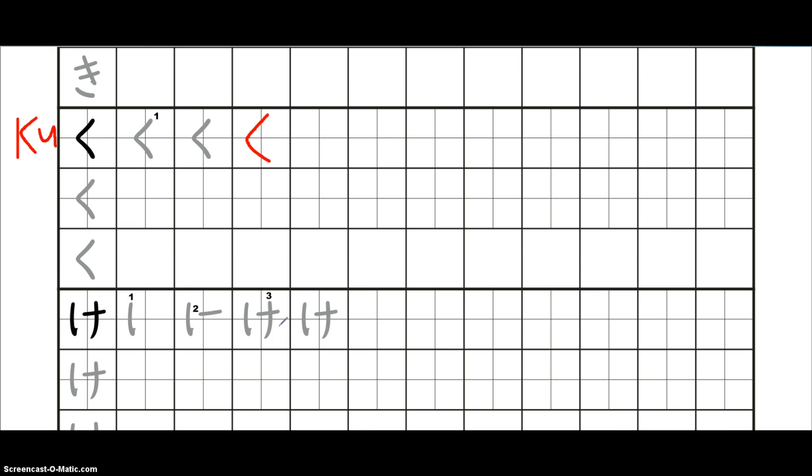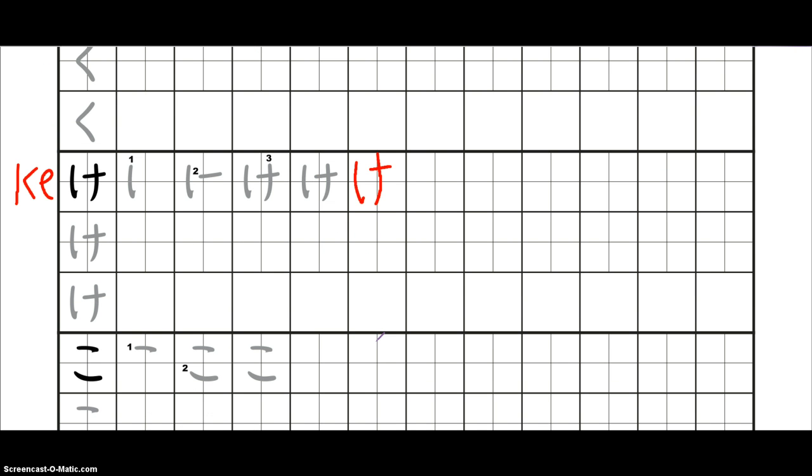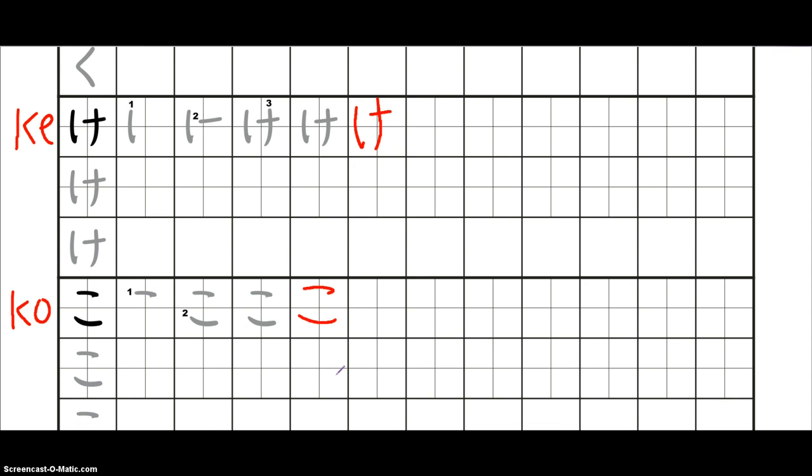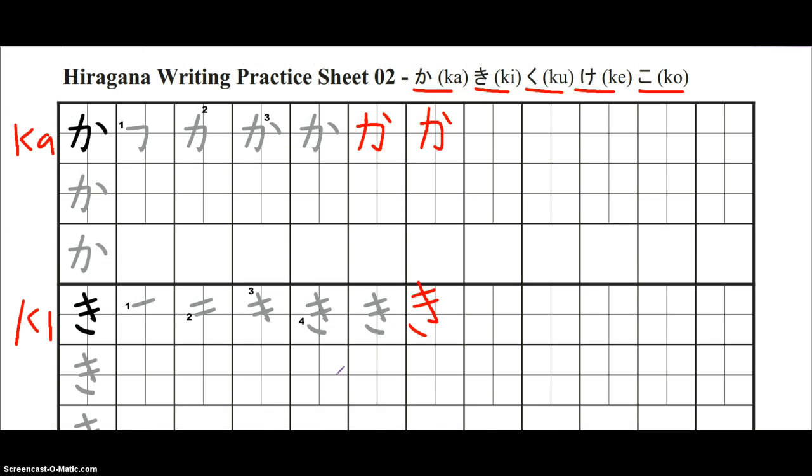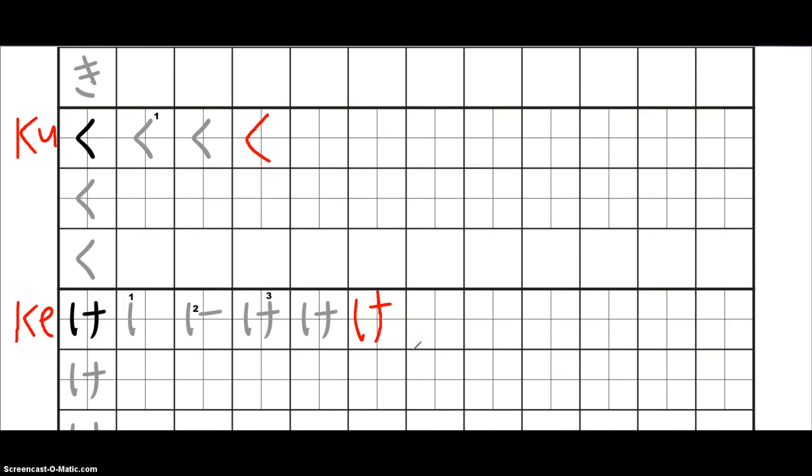Then we have Ke. So Ke will be like that, hook upwards, horizontal line, downwards. Finally, Ko. So Ko will be like that, with a small hook here. It's like a smiley face. Okay, so with that we have Ka, Ki, Ku, Ke, Ko.